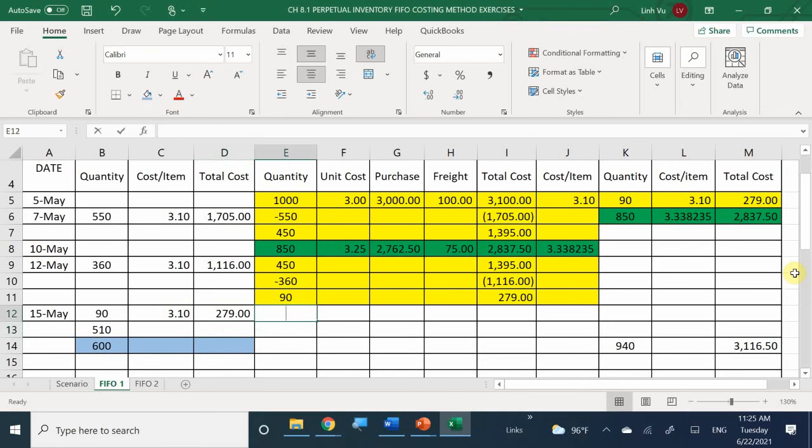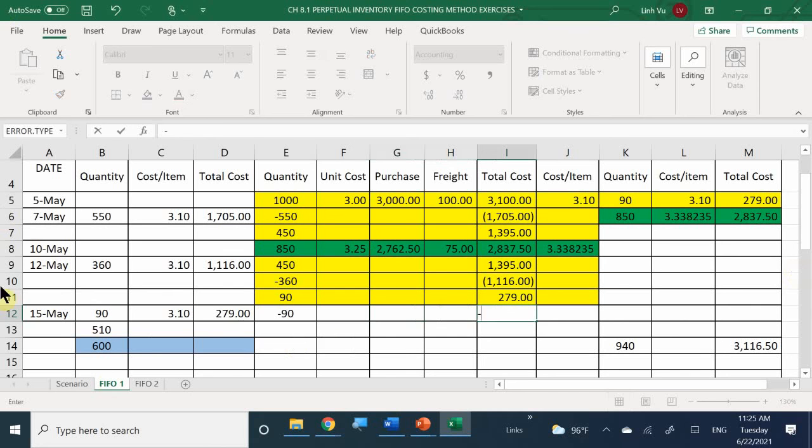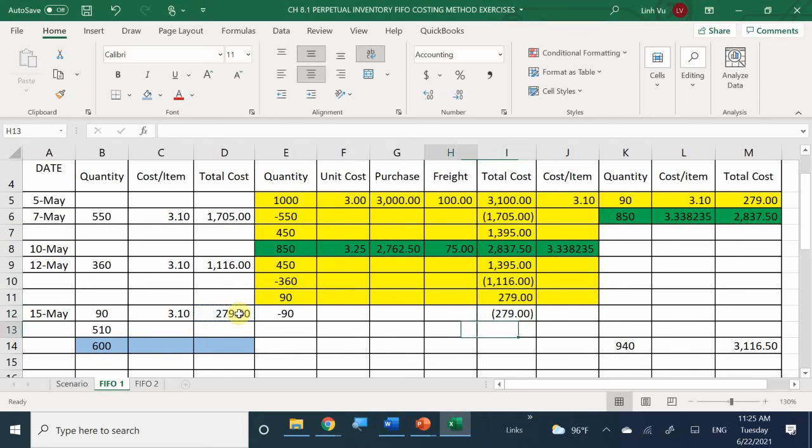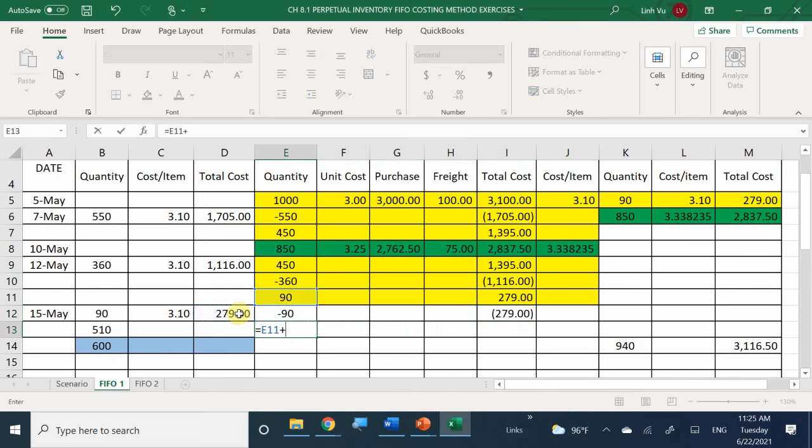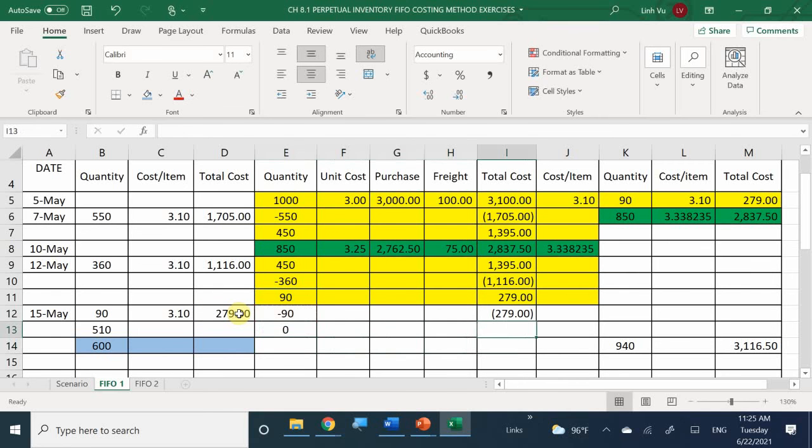And I can subtract it out: 90 minus 90 gives you 0, and 279 minus 279 gives you 0. Then you can come up here and cross it out, saying my yellow batch is gone. Nothing's there anymore.